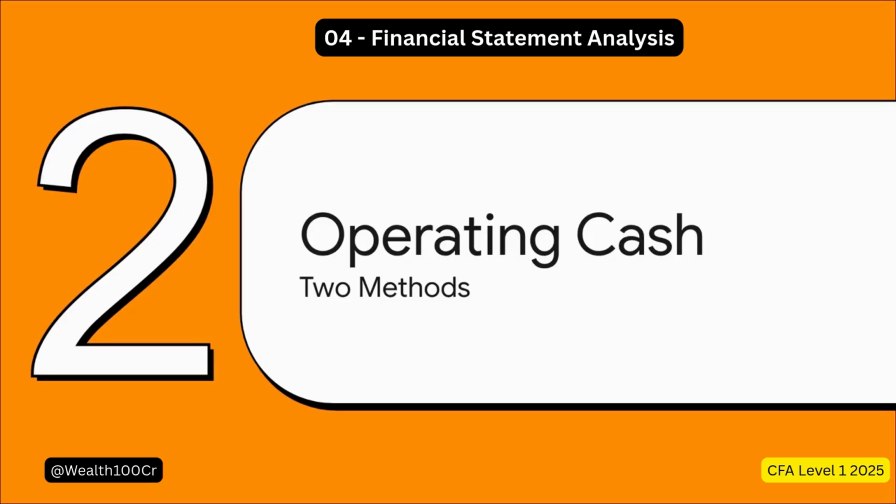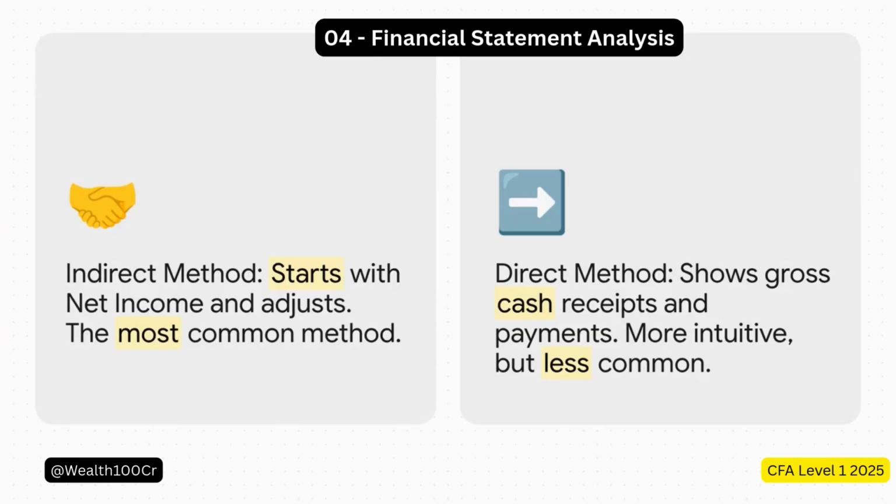Now, we're going to zero in on the one section that analysts and investors obsess over the most, cash flow from operations, or CFO. And here's where it gets kind of interesting. Companies actually have 2 different ways to get to this number. On one side, we have the indirect method. The vast majority of companies, we're talking over 98%, use this one.